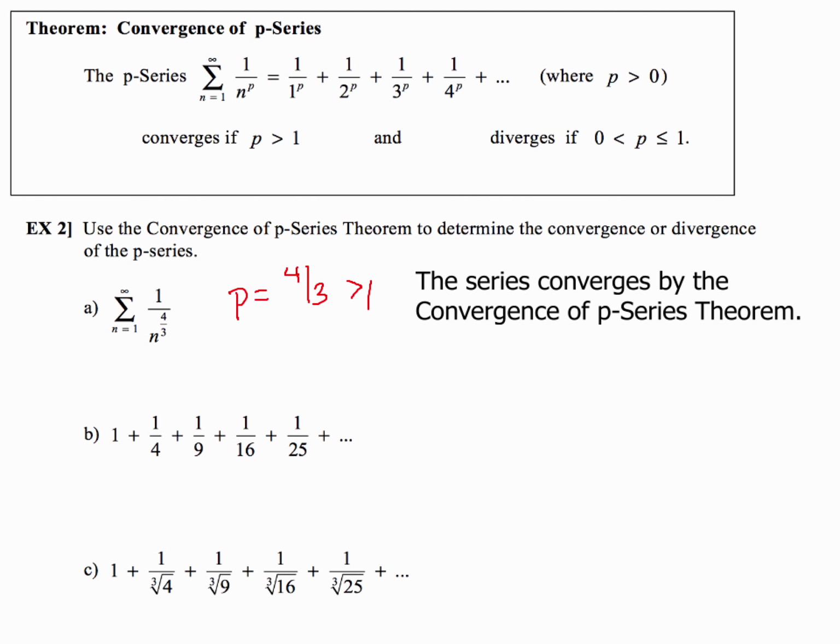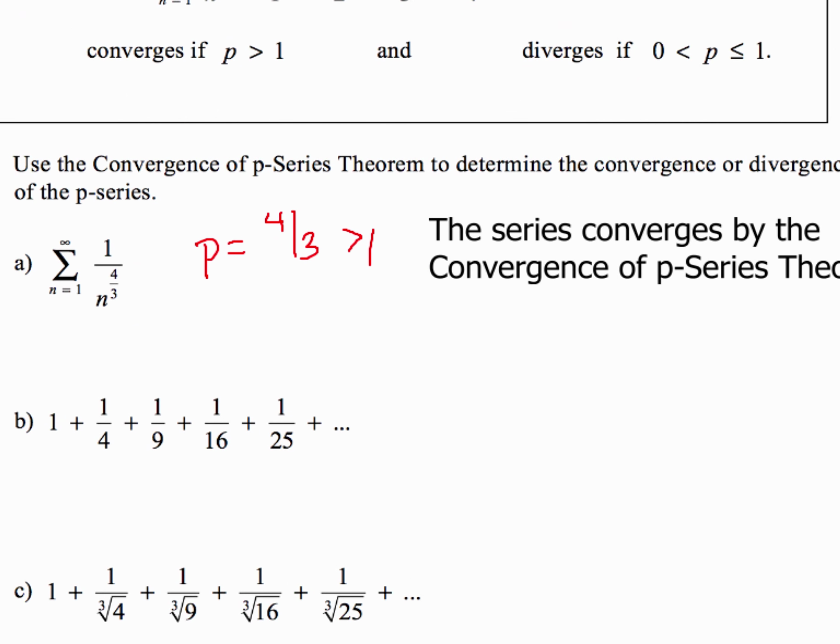So here we go, we're taking a look at example 2b. For this particular series, we're not given the formula. Like in A, we were given the formula, but in B and C, we're just given terms. So we kind of have to work backwards a little bit to figure out what the formula is.